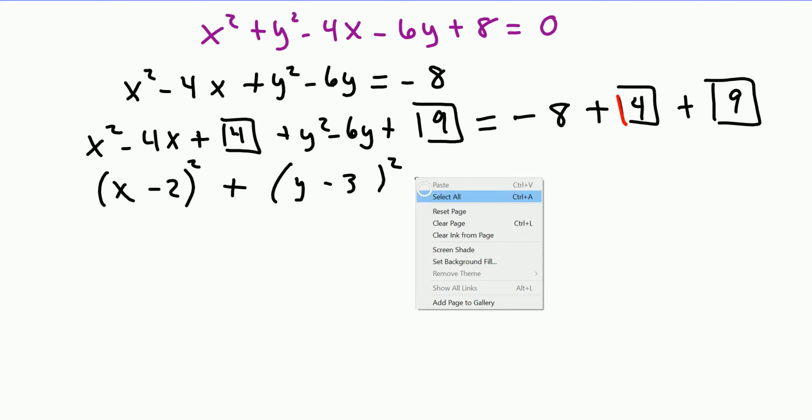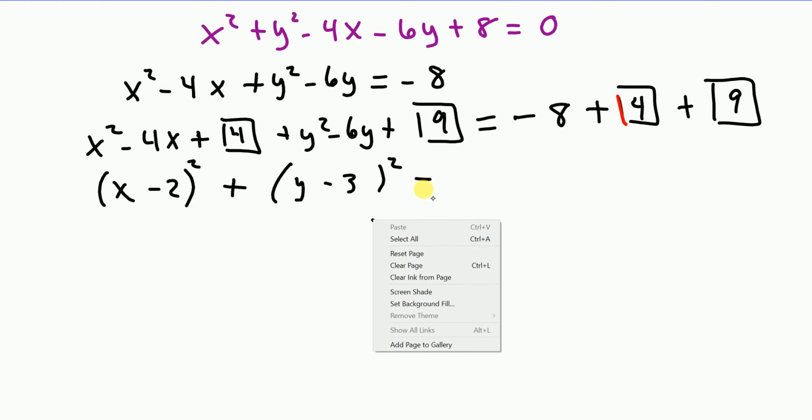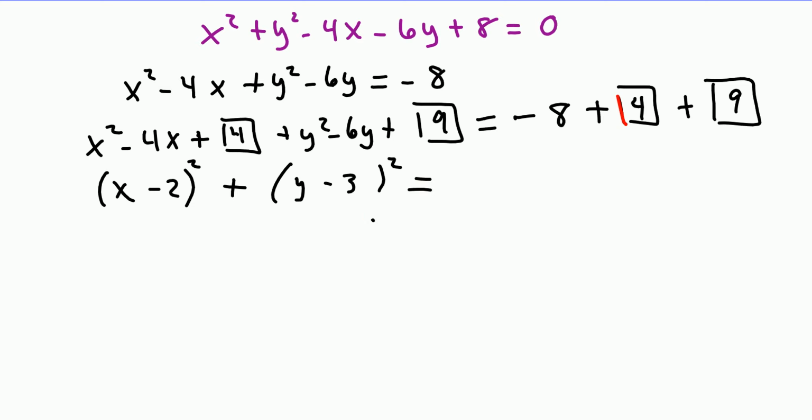So last thing we need to do right here is to combine like terms. So -8 plus 4 plus 9 is 5. So my original question was, what was the center and radius of this equation?